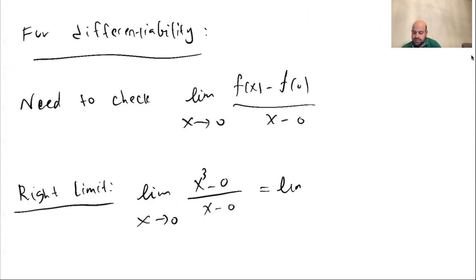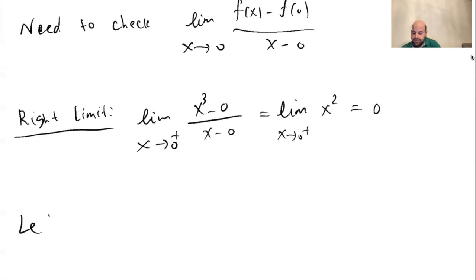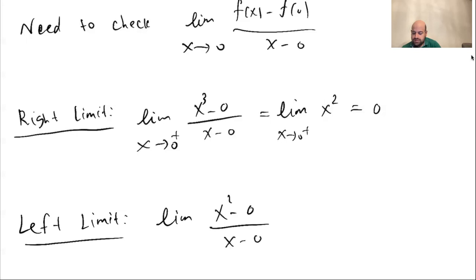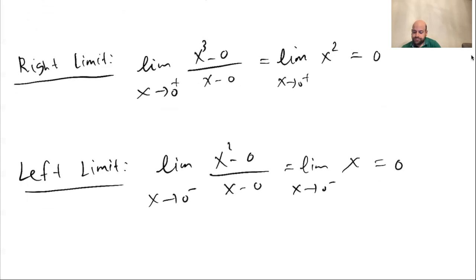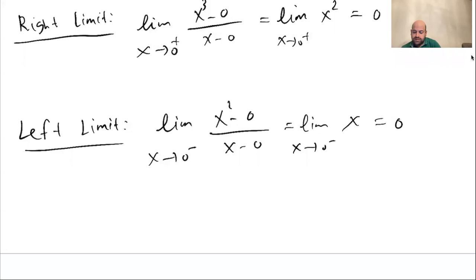And then this is limit of x squared, as x approaches 0 from the right, and that's 0. And for the left limit, we have to check limit of x squared minus 0 over x minus 0, as x approaches 0 from the left. And that's limit of x as x approaches 0 from the left, which is 0. So the left limit and right limit are both 0.